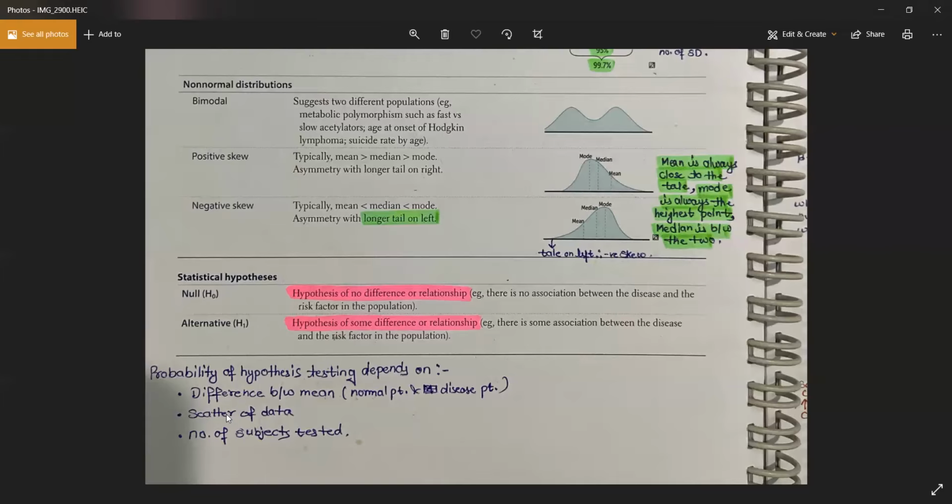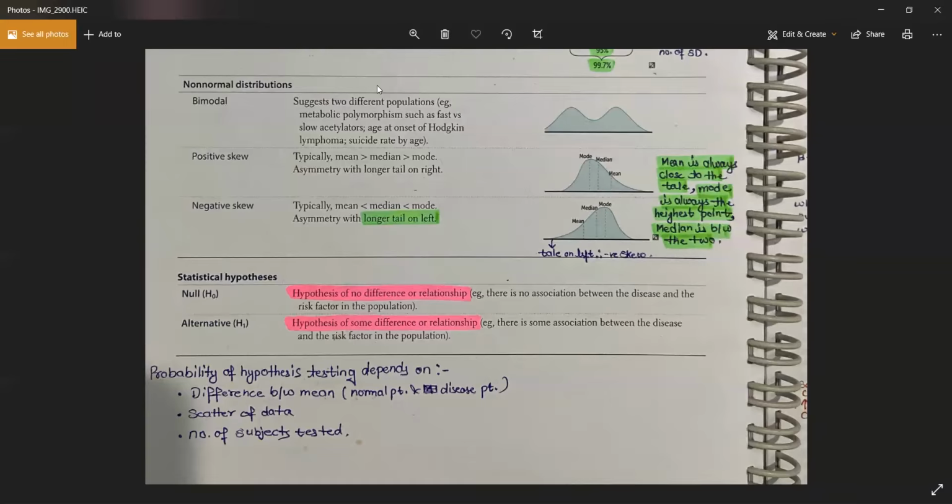If the data is very much scattered between the two groups and the data is often overlapping, then the chances of the study being an alternative study is very much less, and the chances of accepting the null hypothesis is very much high.